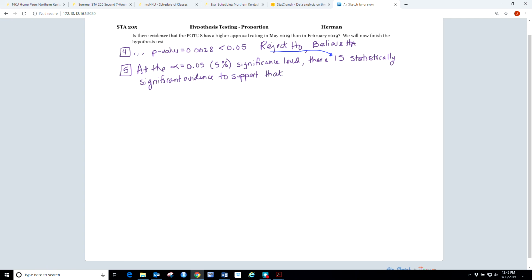And again, our last thing is the idea of the alternative hypothesis. So our alternative is that his approval rating had increased.